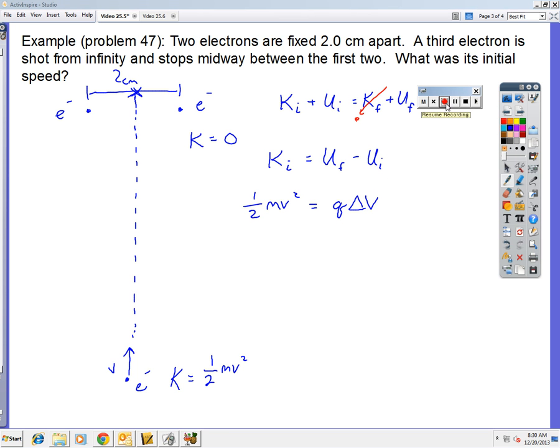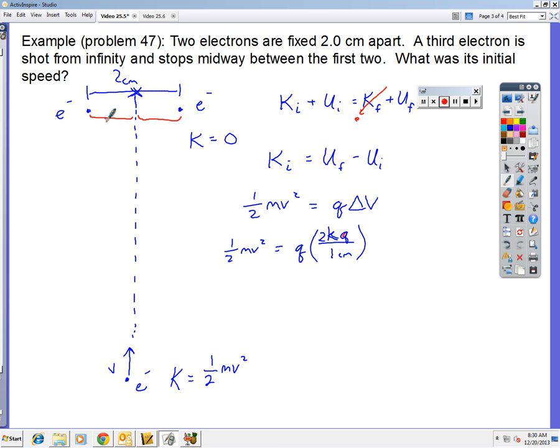Now, the change in potential is just, the initial potential is 0. The final potential is going to be this interaction energy plus this interaction energy. So k times q over 1 centimeter. And we'll multiply that all by 2 because there's 2 electrons up there.